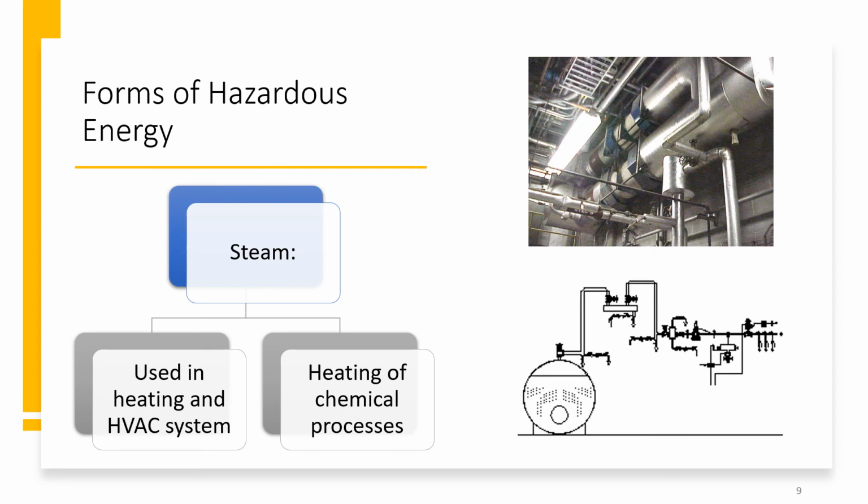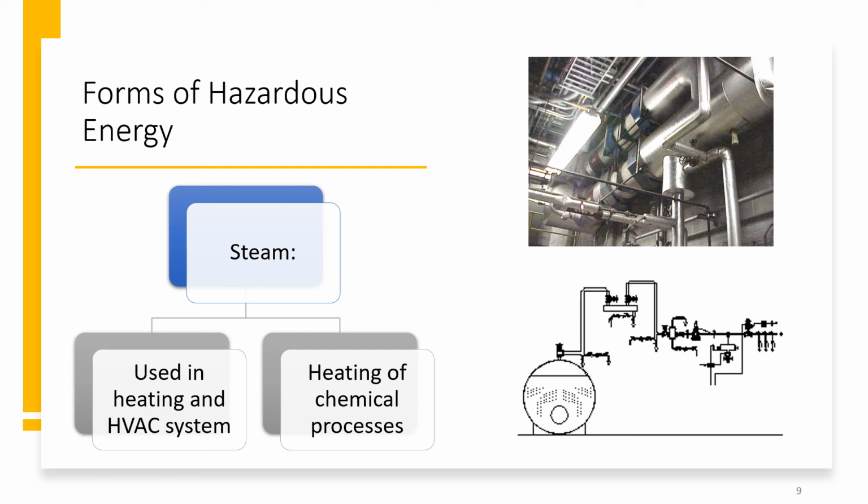Let's look at steam. So steam is becoming less and less common out there as we switch over from the old way of doing things, where there would be, at a facility, a boiler, and of course the boiler is pushing out the steam, and the steam is doing a lot of the work, doing a lot of the heating.